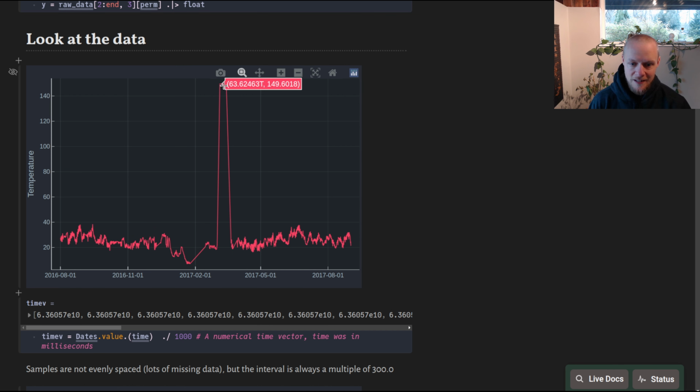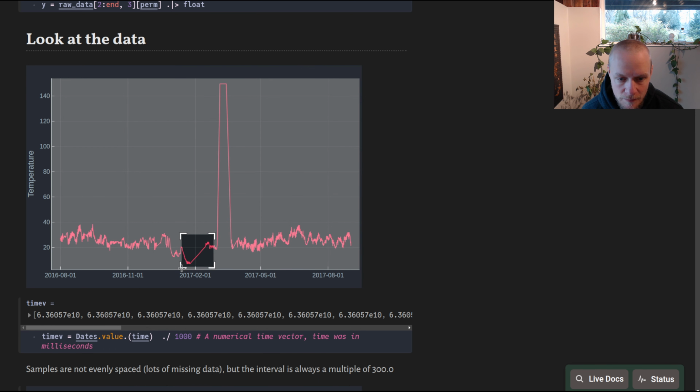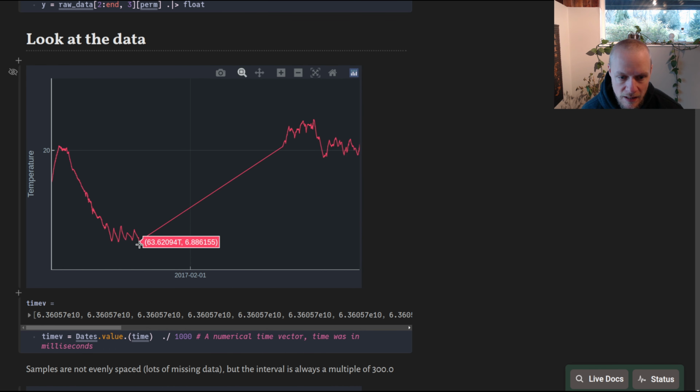I can't tell you for sure that it's an outlier, but it's certainly something that is different than the rest of the data. We also see that there are some jumps here. So there is some data available here, and then there is no data available until here. So there are lots of missing data. And we will have to treat that. So that's an interesting challenge that often appears in practice.